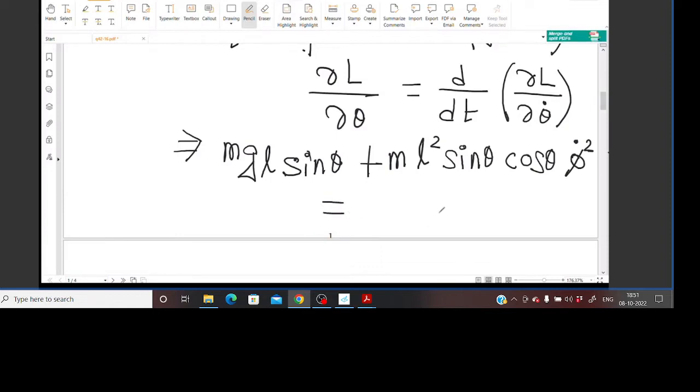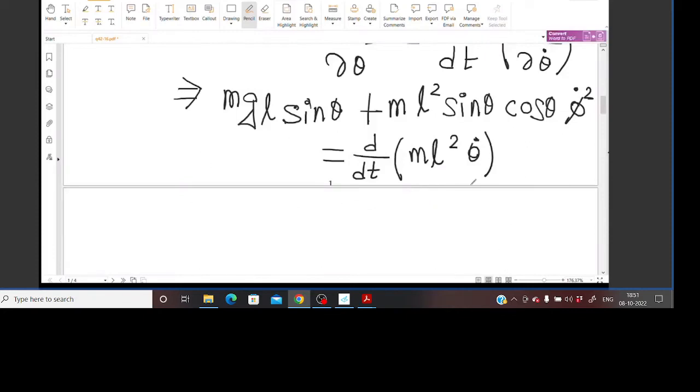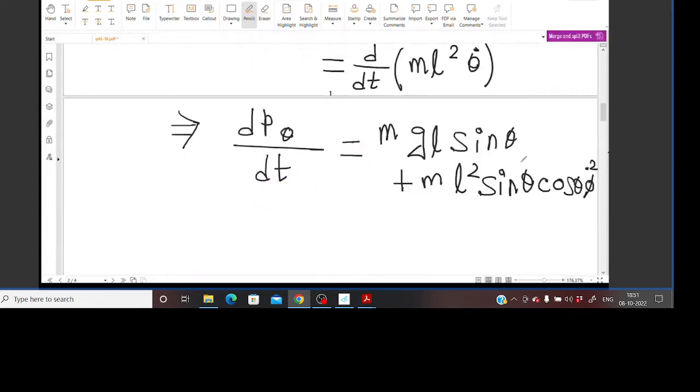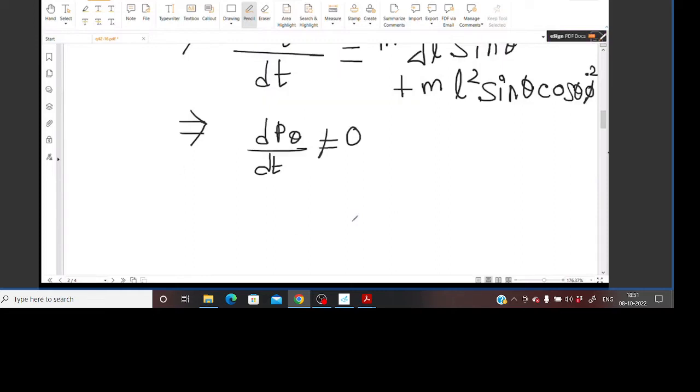On the other hand, del L del theta dot is equal to ml square theta dot. Now p theta is equal to ml square theta dot. So dp theta dt is equal to mgl sin theta plus ml square sin theta cos theta into phi dot square. So dp theta dt is not equal to 0. So p theta is not a conserved quantity.